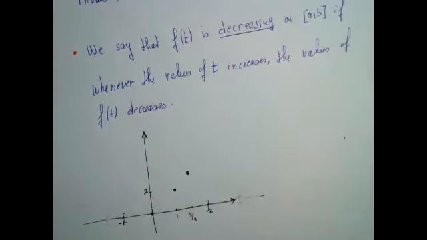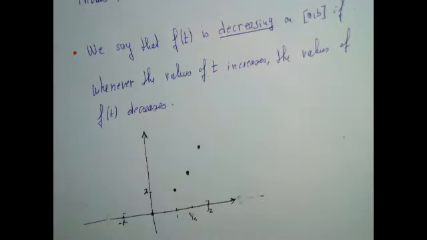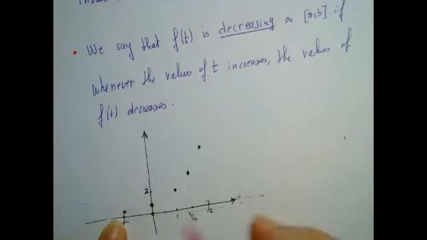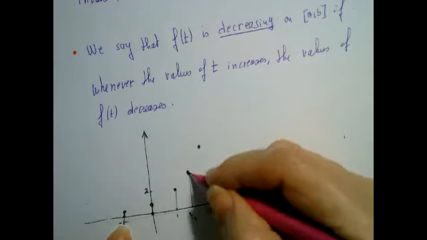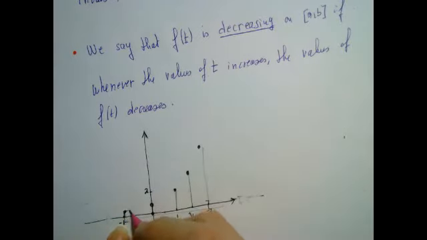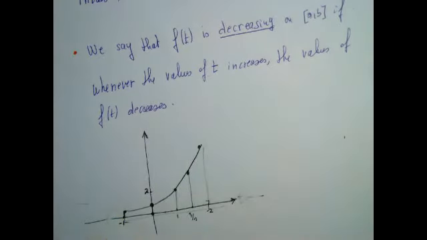At 2, the function should be even higher. At 0, the function should be right there. At -1, the function should go like this. So increasing means as your input increases, so we move to the right, the output values get larger and larger. So the graph is going to rise like that.